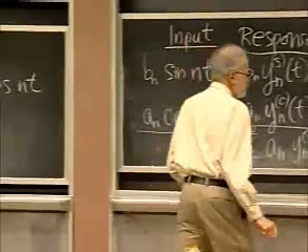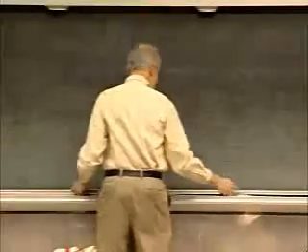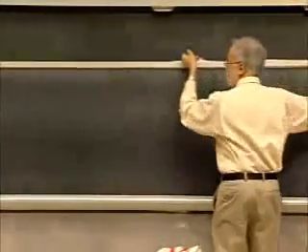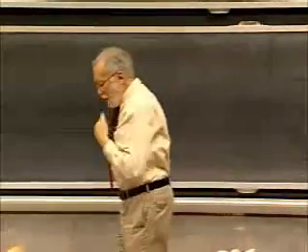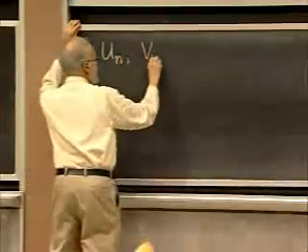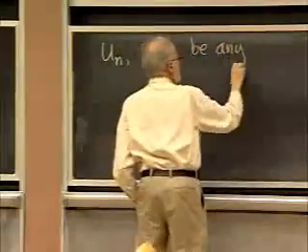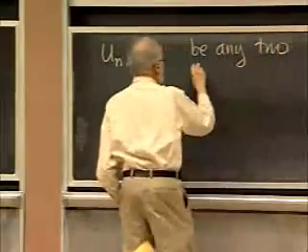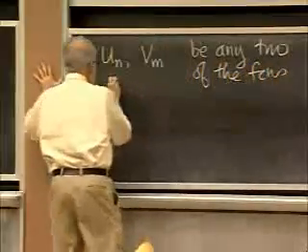Okay, let's try to do it. Well, I need some notation. So I'm going to let u_n and v_m be any two of the functions. In other words, I'll assume that m is different from n.